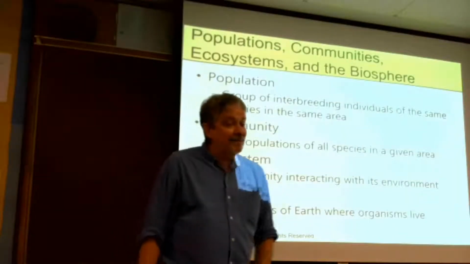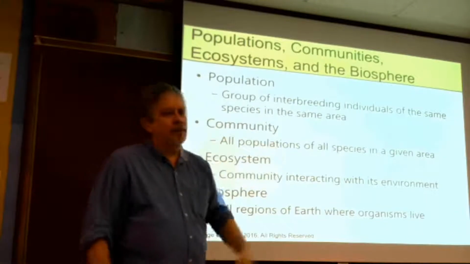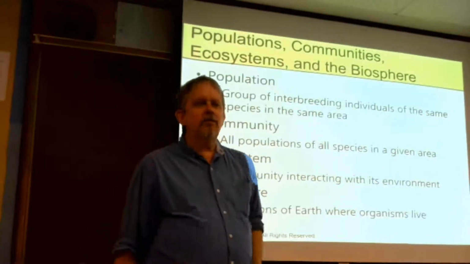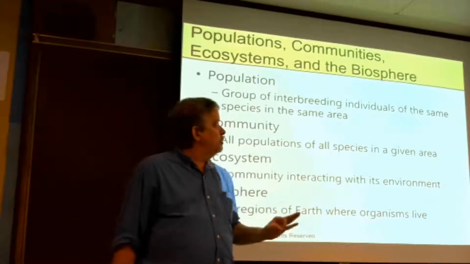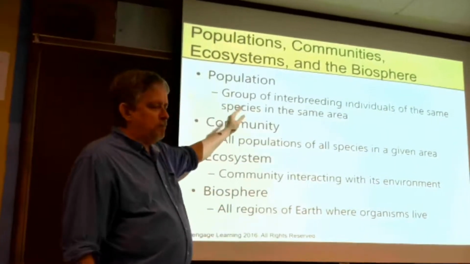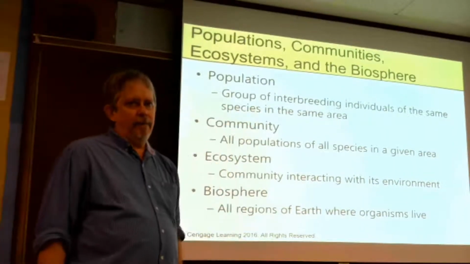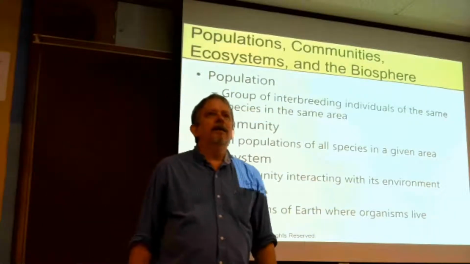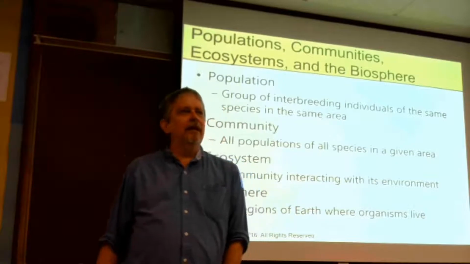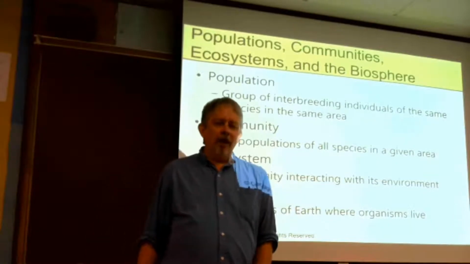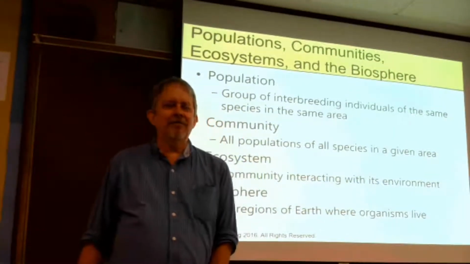Then, once you get past that, we go into a population. This is some excellent questions here. What is a population? It's a group of interbreeding individuals of the same species in the same area. So on the campus right now of Bluefield State, where I'm standing, we are on shutdown still, except for essential employees.